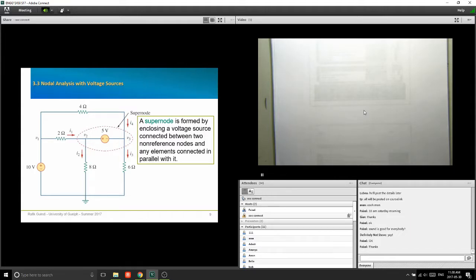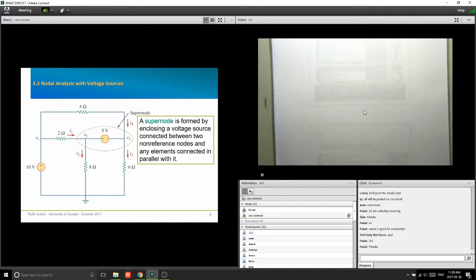So this is exactly what we're going to do here. I'm going to apply KCL at the supernode, looking at it like one big node, or this boundary. We're going to say that the sum of the currents flowing into the supernode has to be equal to the sum of the currents flowing out of the supernode.